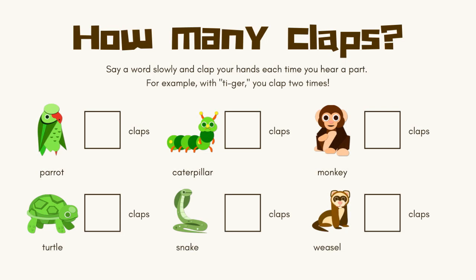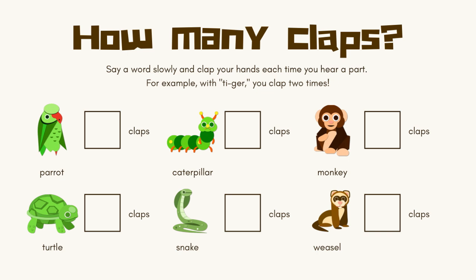All right, let's take a closer look at this slide. Here, we see a series of claps and animal names. The key idea is to help us understand how to break down words into smaller parts by listening carefully and clapping along. When I say a word slowly, like weasel, I want you to clap each time you hear a part or syllable. For example, with weasel, you would clap twice, once for wea and once for sel.